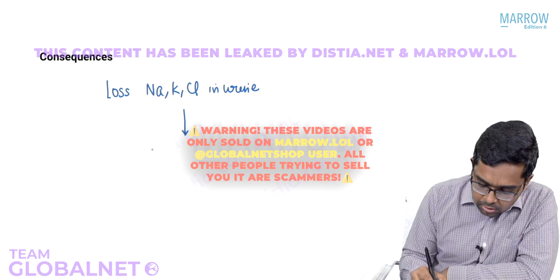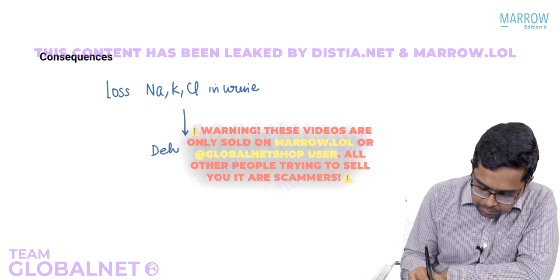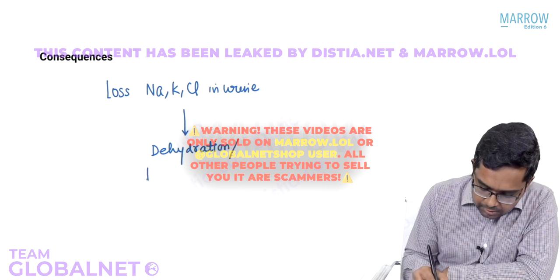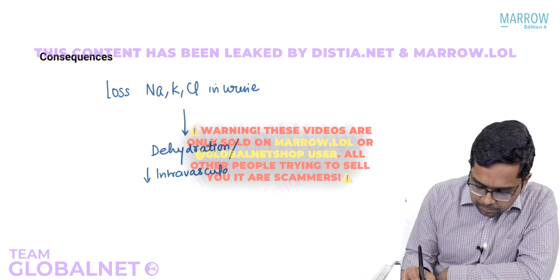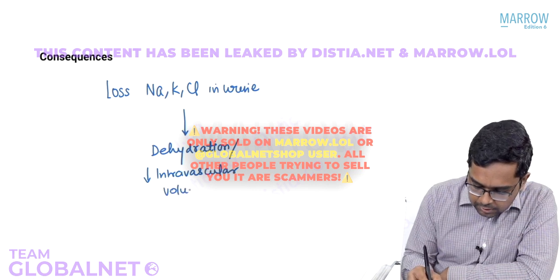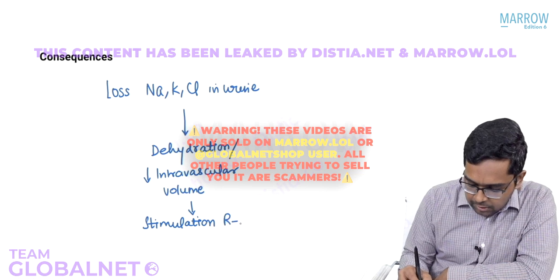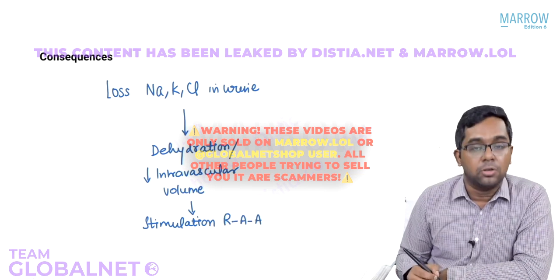So this causes dehydration, or a decrease in the intravascular volume. Now what does it result in? This would result in stimulation of renin release from the kidney, thereby activating the renin-angiotensin-aldosterone mechanism.